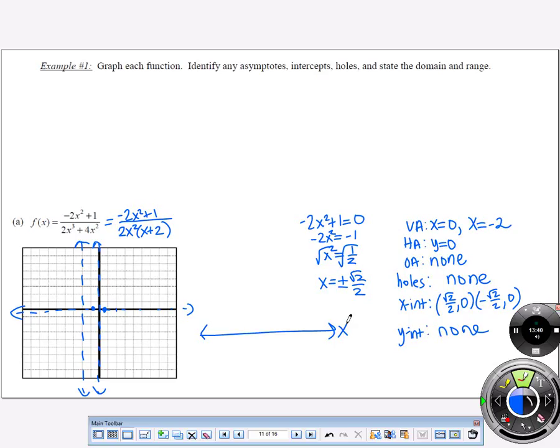Vertical asymptotes are important to know that it's broken there because I don't cross there. So the graph could behave one way on one side of it and a completely different way on the other side of it because they're completely disconnected, right? So vertical asymptotes are an important place for me to look at what's happening on one side of it versus the other side of it. Okay? So that would definitely mean at negative 2 and also at 0.